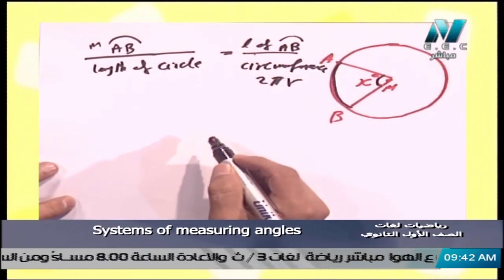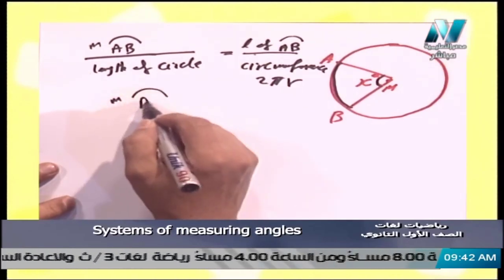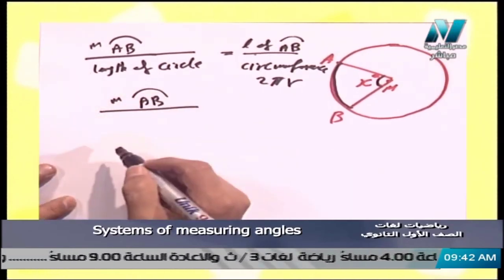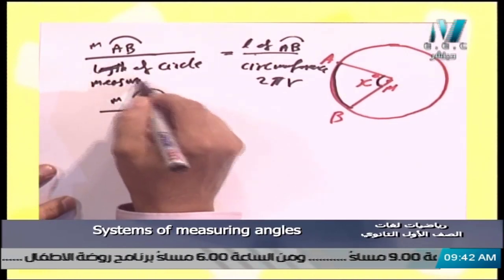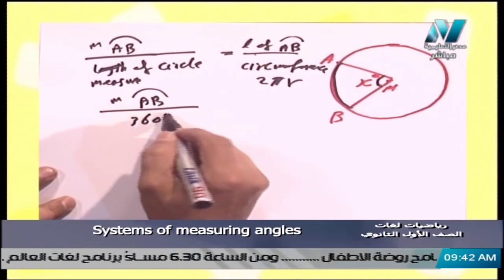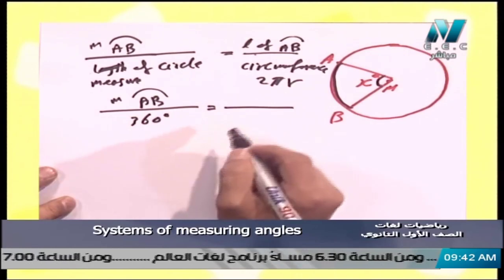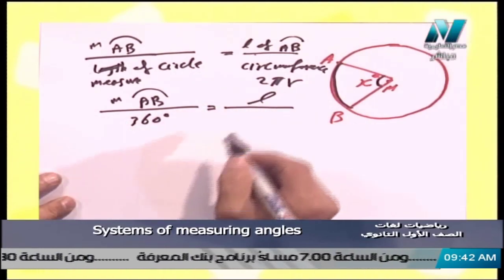So we have here the measure of the arc AB over the measure of the circle, which will be 360 degrees, and the length of the arc AB, which is L, over 2 pi r.